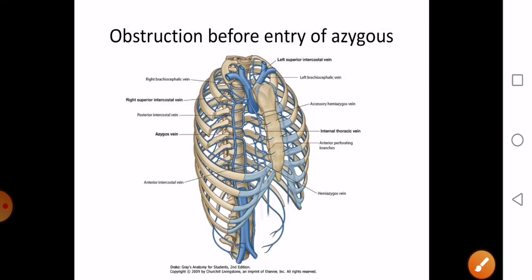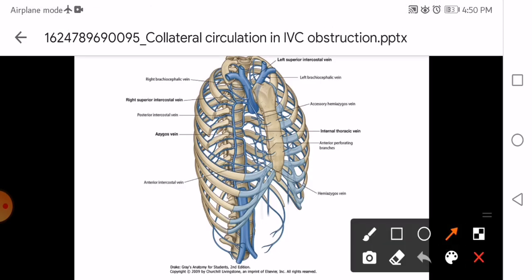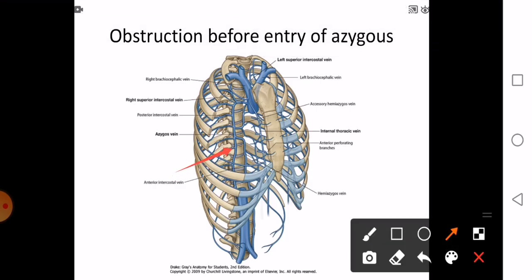So let us look. First, obstruction before entry of the azygous. If you look closely in this diagram, you can see the azygous vein, and the azygous is going and meeting the superior vena cava. So let's say the obstruction is above this level. Can you see another vein here?